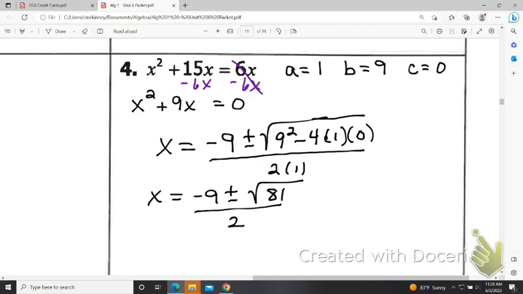Divide by 2. So then I'm ready to take the square root. So I have negative 9 plus 9 divided by 2. And I also have x is equal to negative 9 minus 9 divided by 2.